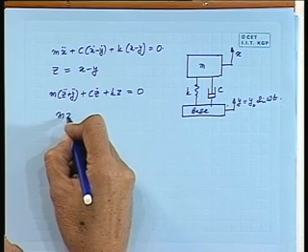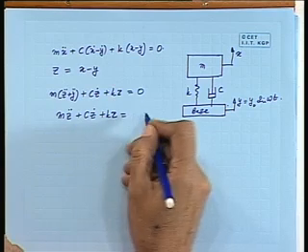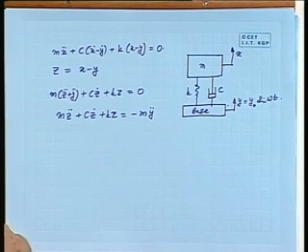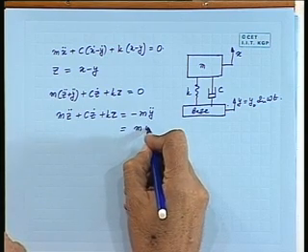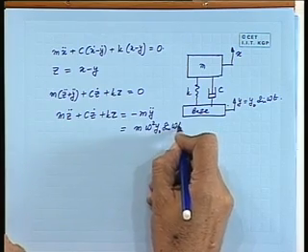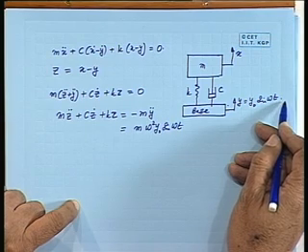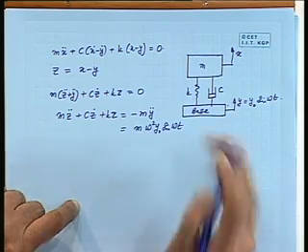Now, I write m z double dot plus c z dot plus k z is equal to minus m y double dot, and this is nothing but m omega square y0. You put y double dot from this expression here. So, that will give you minus omega square y0 sin omega t. So, minus minus plus, this is equal to this.